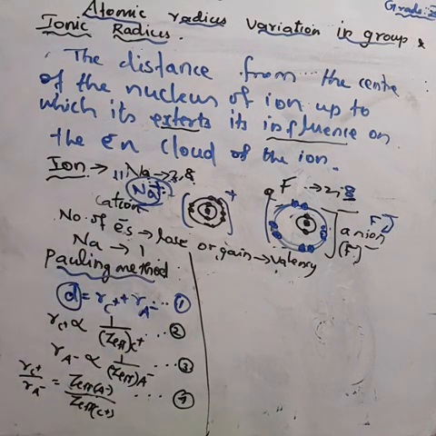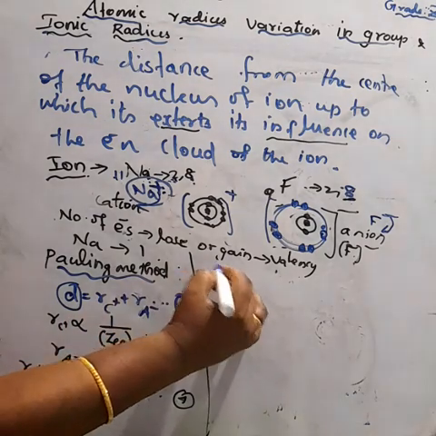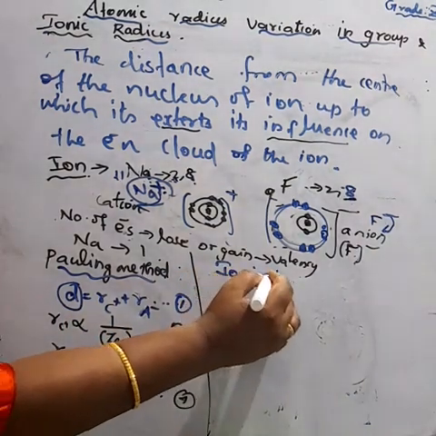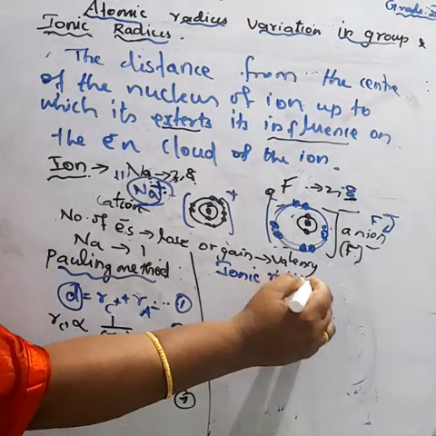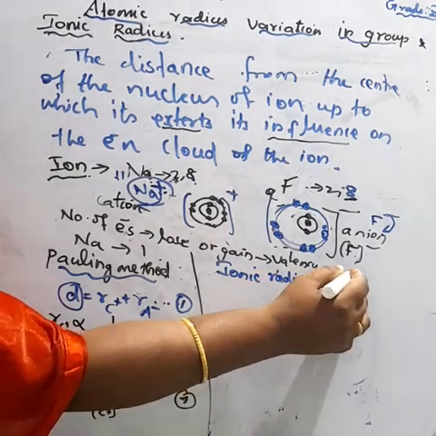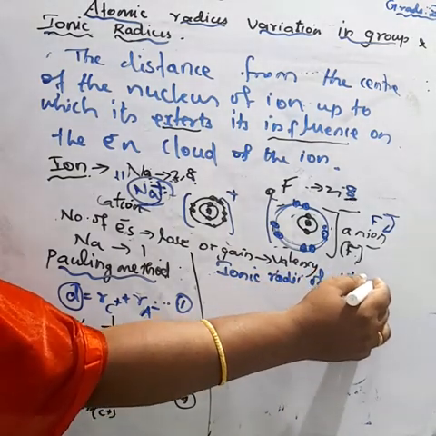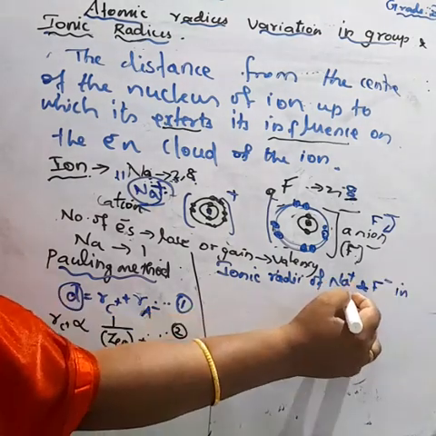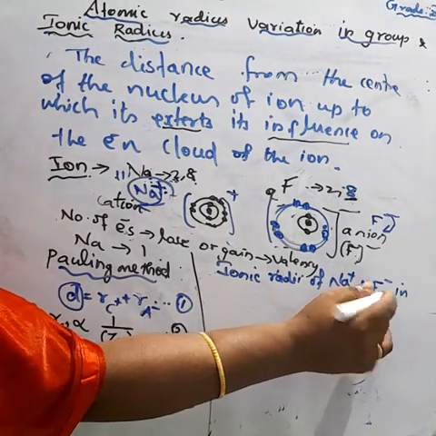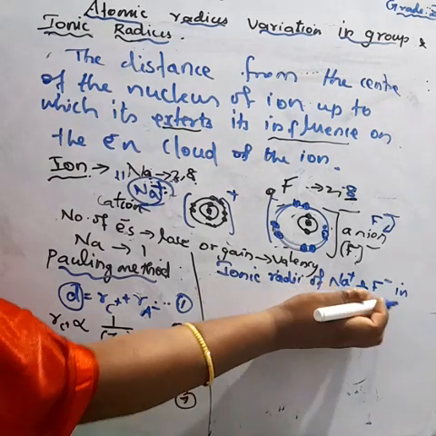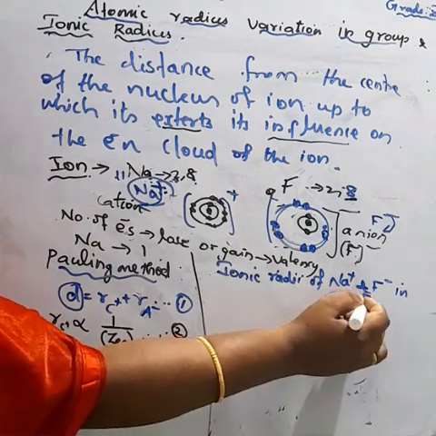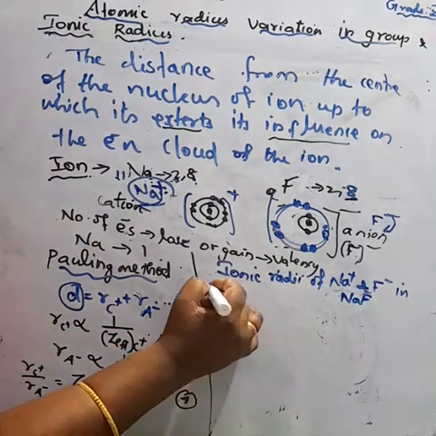Let us explain this method by calculating the ionic radii of Na+ and F- in the NaF crystal. We are taking sodium fluoride crystal, whose interionic distance is 231 picometer.